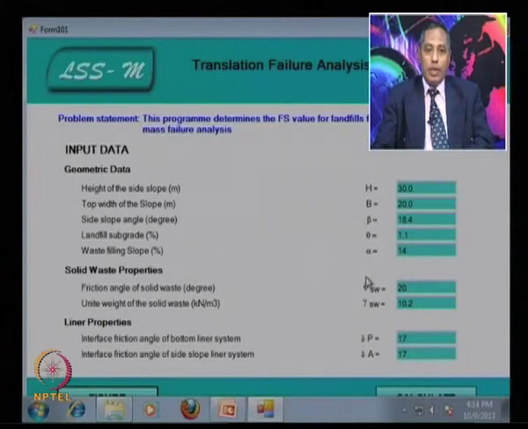Liner property: the interface friction angle of the bottom liner system, delta P, is equal to 17, and also the interface friction angle of the slope liner system, delta A, is equal to 17 degree.